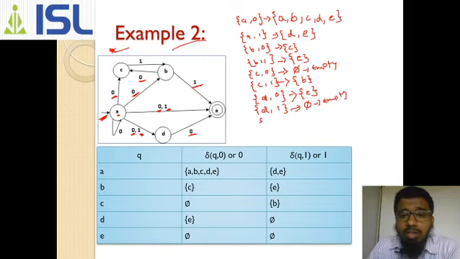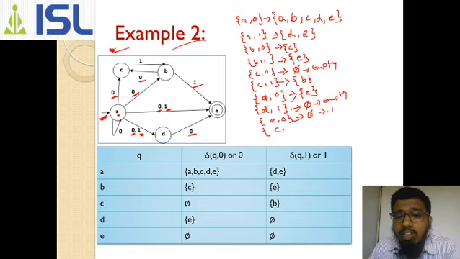Next, E comma 0. E does not have any output string. It is all incoming, nothing outgoing. So this is also empty. And same for E0 and E1, both are the empty string.